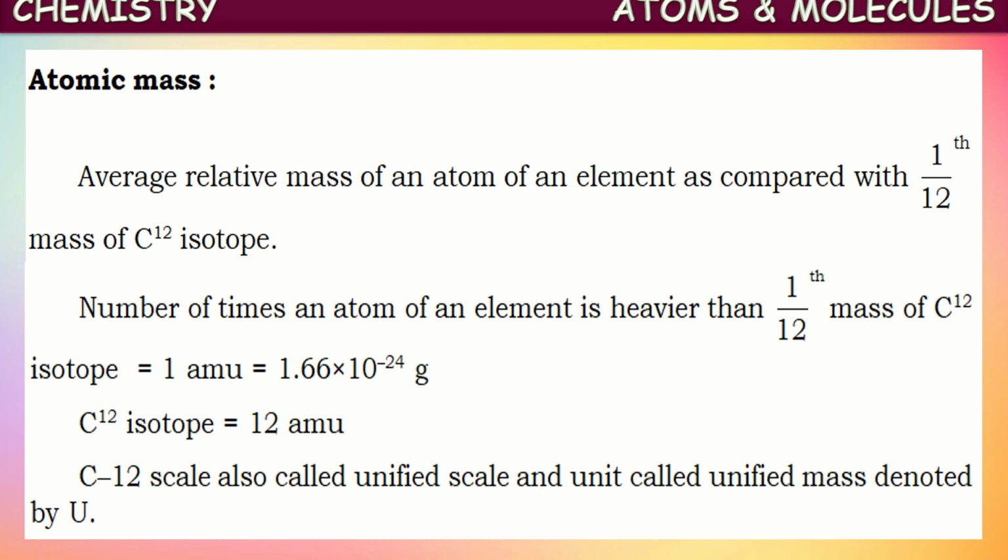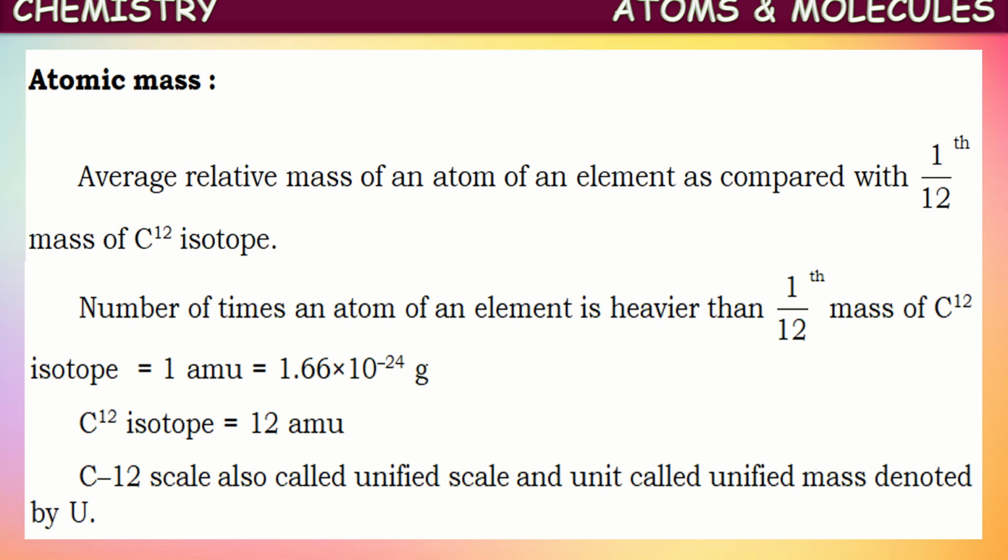For example, oxygen's atomic mass is considered as 16. That means the oxygen atom is 16 times greater than the 1/12th part of the C12 isotope.